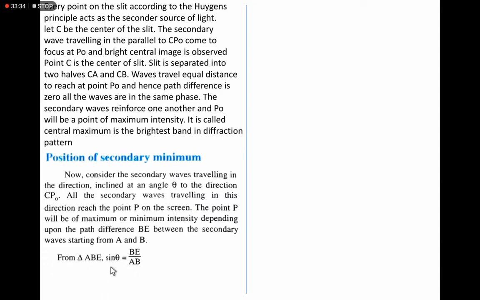From the triangle ABE, sine theta is equal to BE by AB. So BE is equal to AB sine theta, and AB is the width of the slit. Therefore, the path difference is a sine theta.